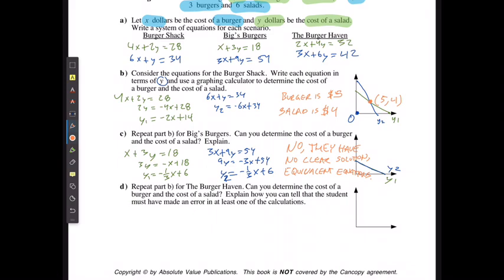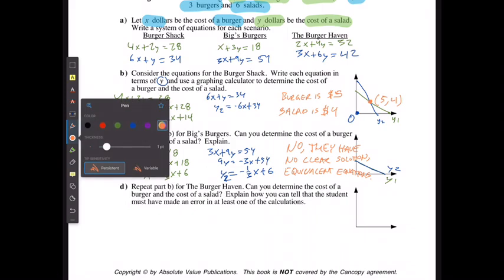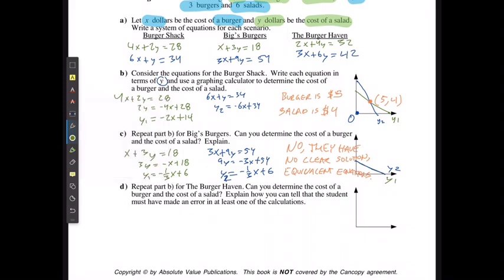What about in the last case? Well, I'm going to have 2x plus 4y is equal to 32, which means that 4y is going to equal negative 2x plus 32, or y is going to equal negative 1/2 x plus 8.